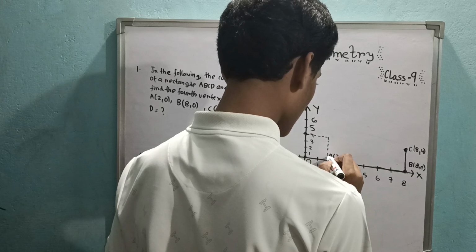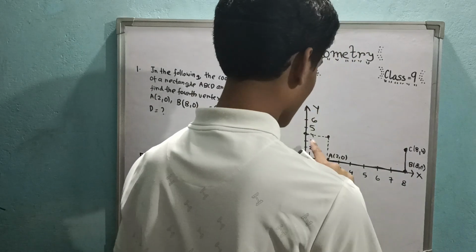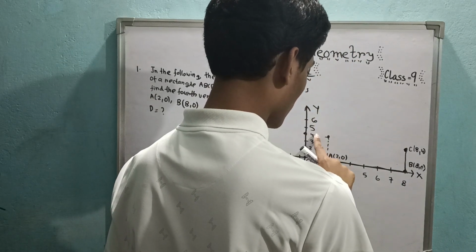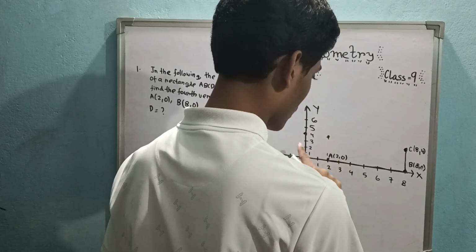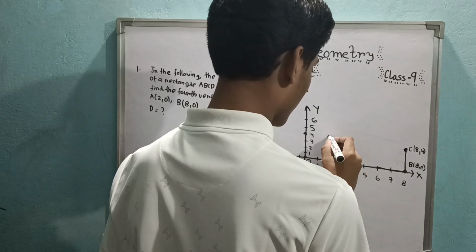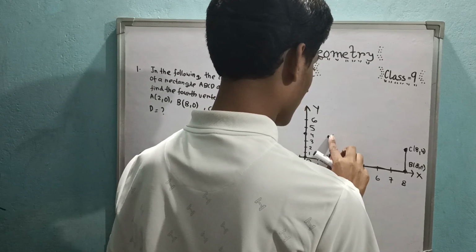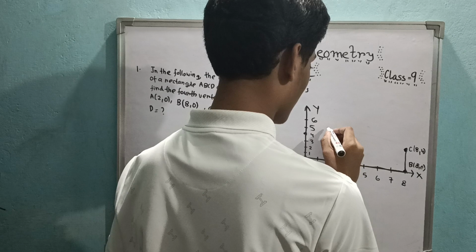Somewhere around here. Yep, so this is the point. Drawing the intersecting dotted lines. So this is the point, right? This is D (2, 4). Better to write it somewhere else.